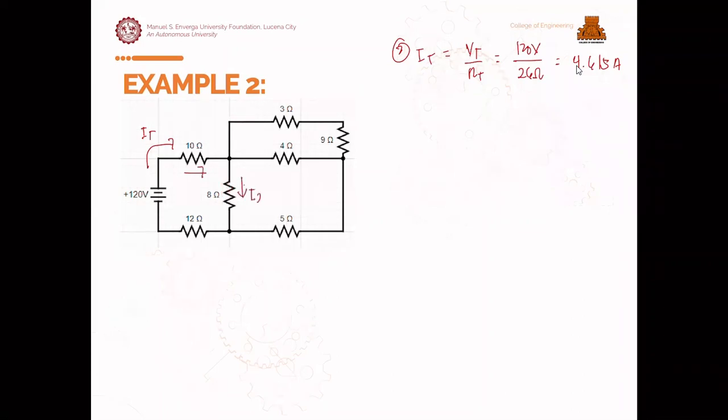Tawagin natin itong I2, kunyari. Okay? Then, ito, lagyan na natin ng pangalan. Tawagin natin I3 and I4. Then, ito will be I5, then I6.